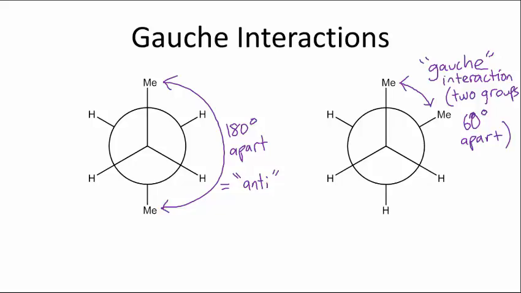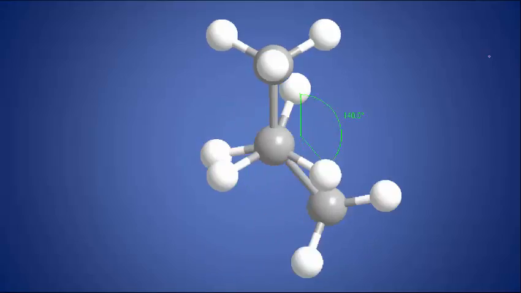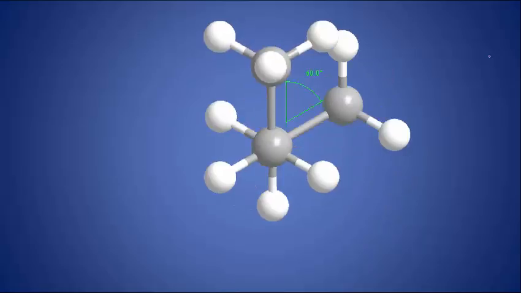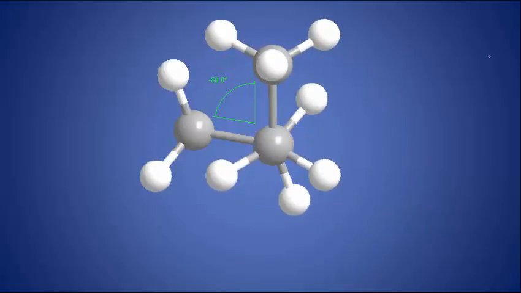So it's going to spend most of its time in this conformation on the left, the anti-conformation. It'll spend some time in the gauche conformation. And notice for butane, there are two gauche conformations. There's one there, and there's another one there.